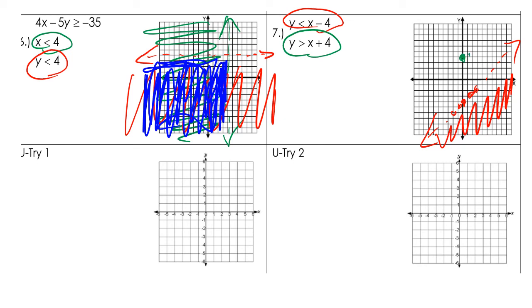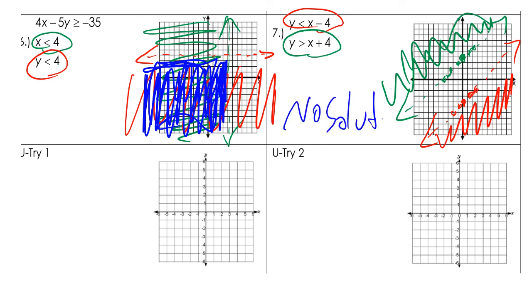Again, the slope is 1. Dotted line. This time I'm coloring above the line. Uh-oh. There's no overlap. That means there's no solution. Remember, that's going to happen from time to time.